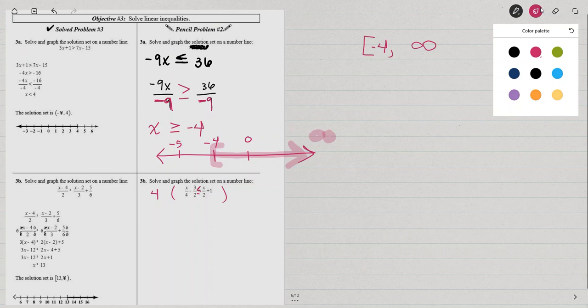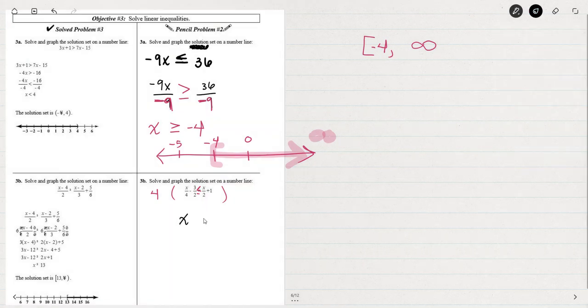When I do that, I have 4x divided by 4 is x. 3/2 times 4, the 4 and the 2 would reduce, so 4 divided by 2 is 2. 2 times -3 is -6. Less than or equal to 4x over 2. 4x divided by 2 is 2x plus 4.